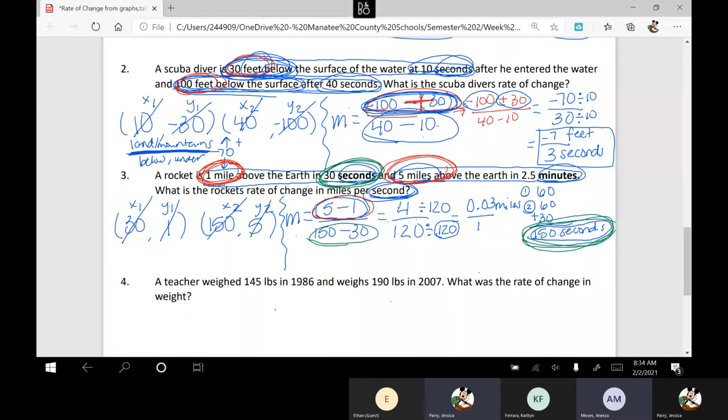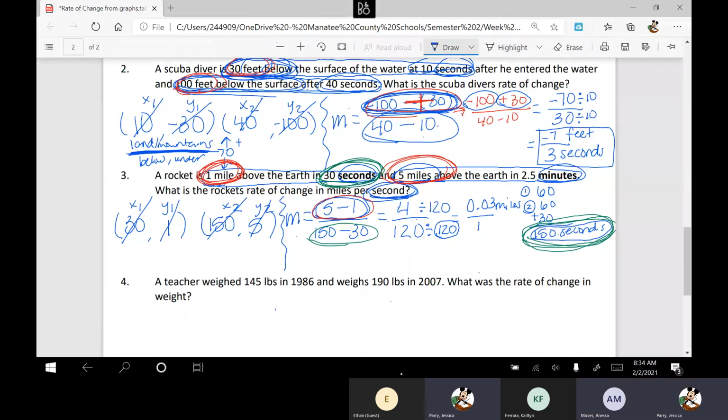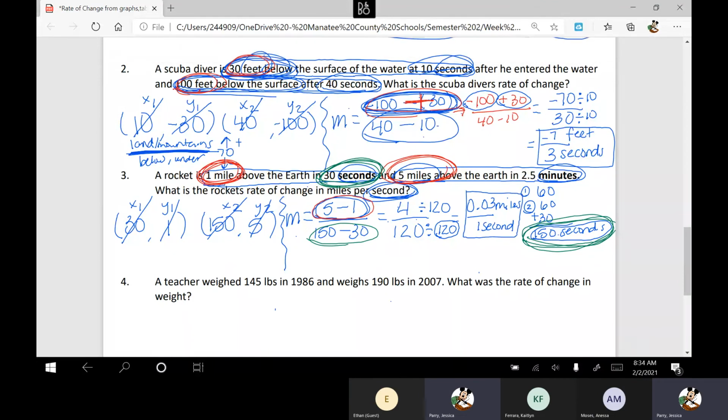The second. Perfect. So on the bottom, we have the 1 second. Okay, so our final answer here for number 3, it was 0.03 miles in 1 second is the rocket's rate of change. That is the rocket's rate of change. Okay.